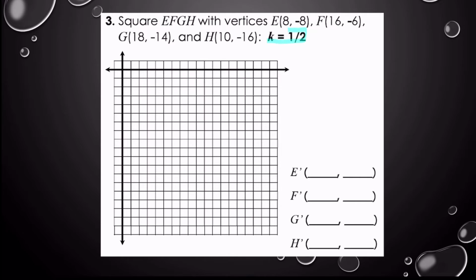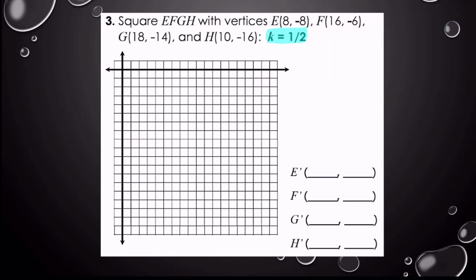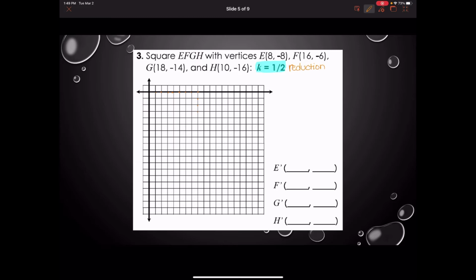I now have a scale factor of 1/2. Well, what does this mean? This means I'm going to have a reduction. My shape should be smaller than my original shape. So if I go plot this, we have 8, 2, 3, 4, 5, 6, 7, 8.